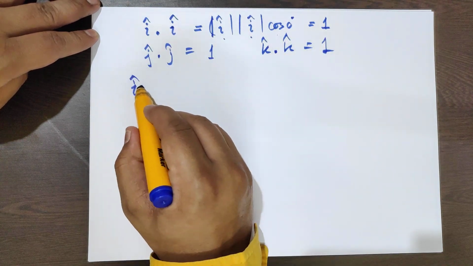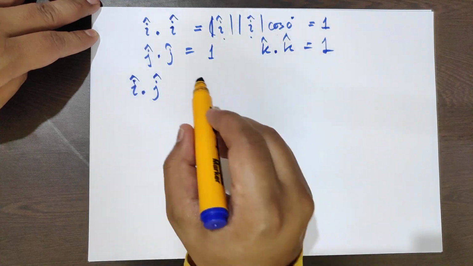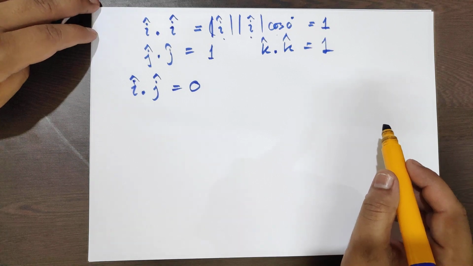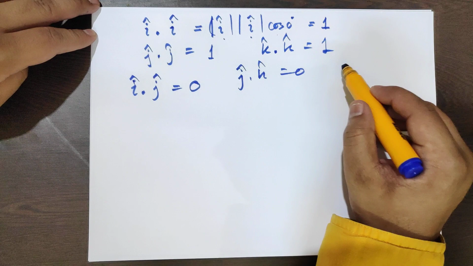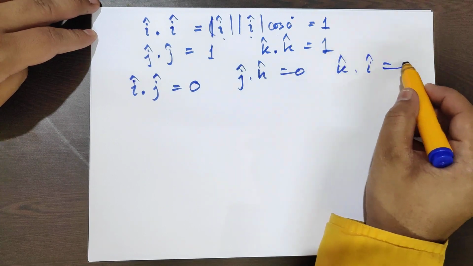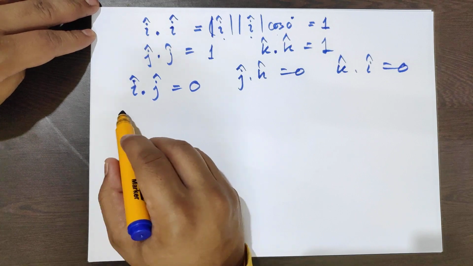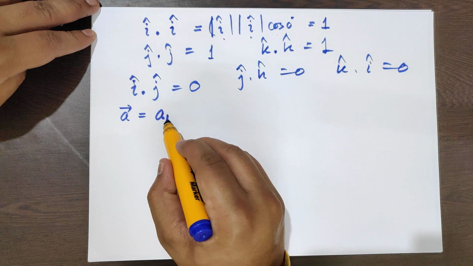While i cap dot j cap will be 0, because the angle between i cap and j cap is 90 degrees. So is j dot k and so is k dot i. All are 0.